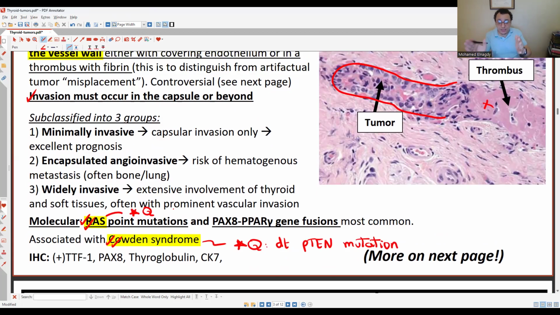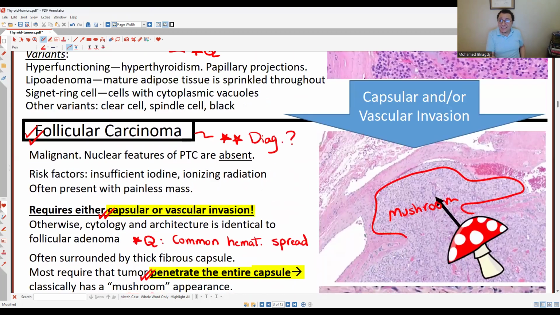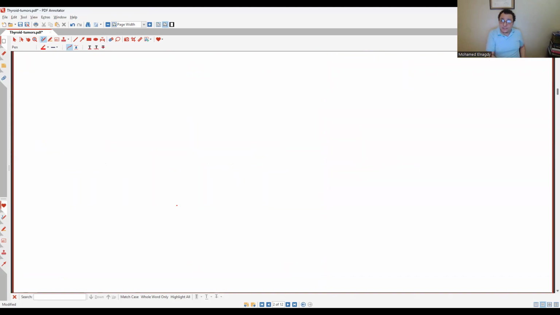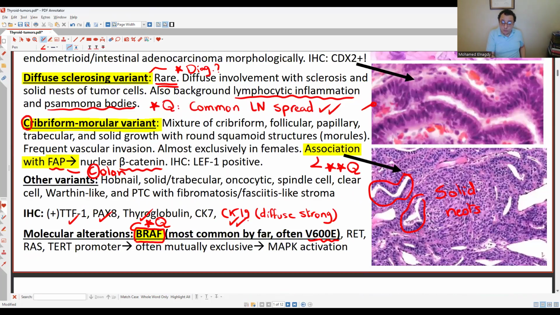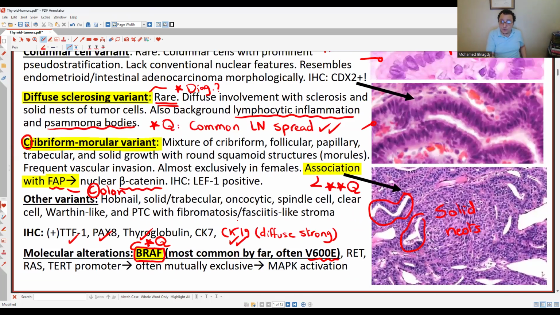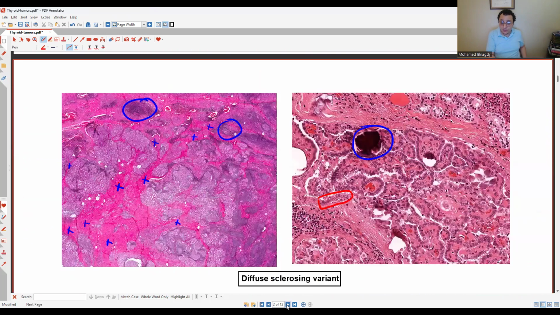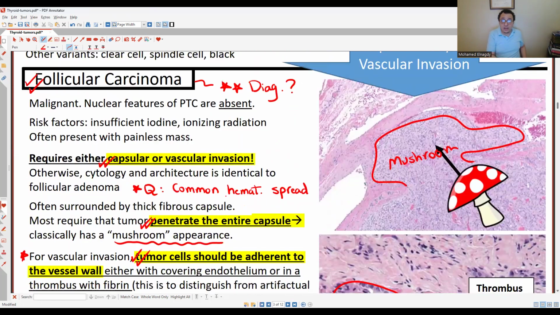It's also showing the same pattern of IHC, which is TTF1 positive, PAX8 positive, thyroglobulin positive. It doesn't show CK19 positivity like PTC though. So you remember in PTC, there was one QBank which mentions CK19 diffusely and strongly positive. CK19 could be a good stain to differentiate follicular from papillary.